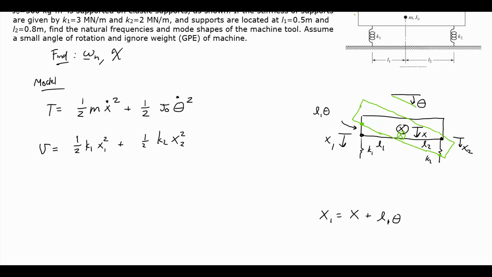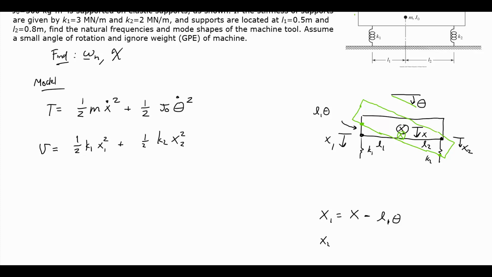However, since I have designated theta as positive clockwise, this is actually going to be minus, because when theta is positive, x1 is going to be negative. A positive angle of rotation causes the point to go up in the negative x1 direction. So x1 is x minus L1 times theta.